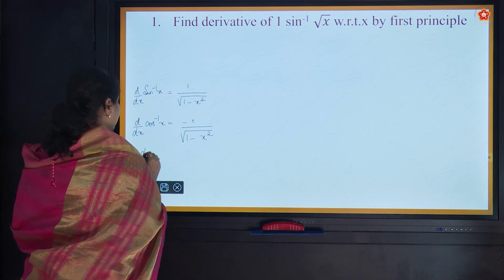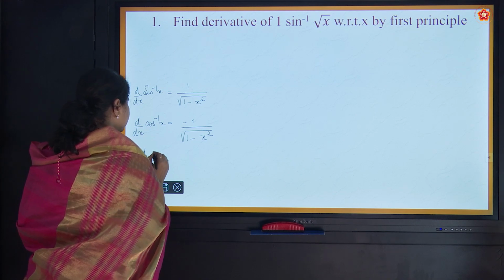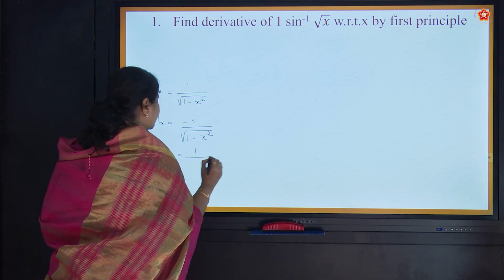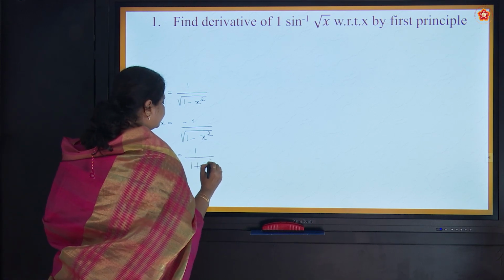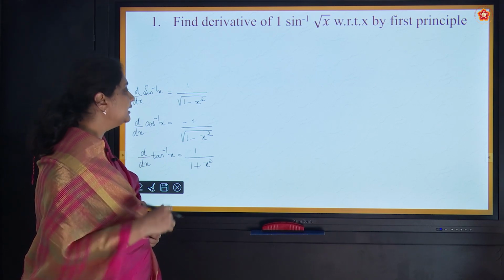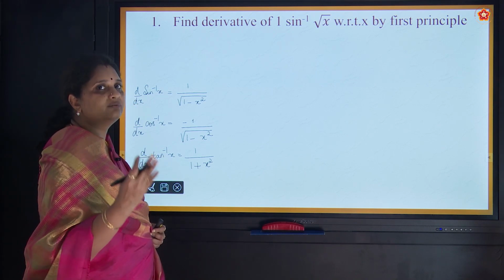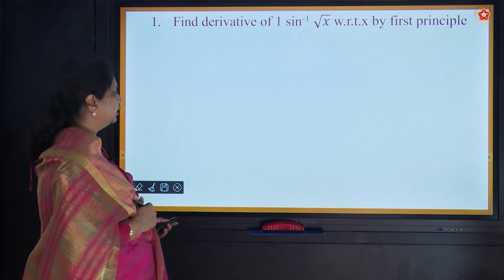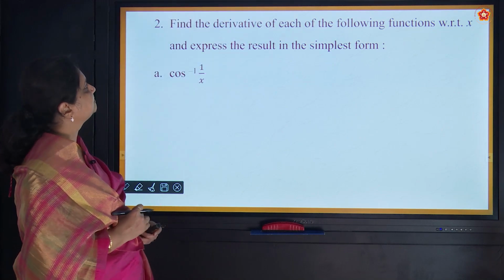When you differentiate tan inverse of x, you get 1 by 1 plus x squared. So for now, we'll see these three formulas. Later on, I'll give you the other inverse formulas also. So make a note of it. With that, we'll move on to the next question.